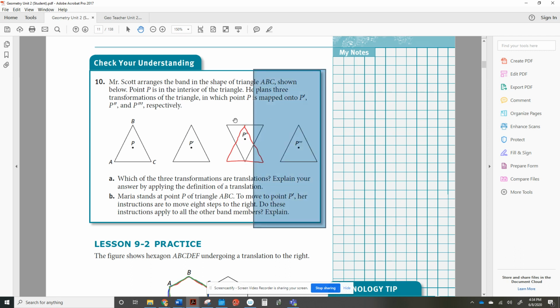It's not going to work because as I slide it over, you see that this does not map onto this one exactly. So from P to P prime would be a translation, and from P to P prime prime prime, there would be a translation.